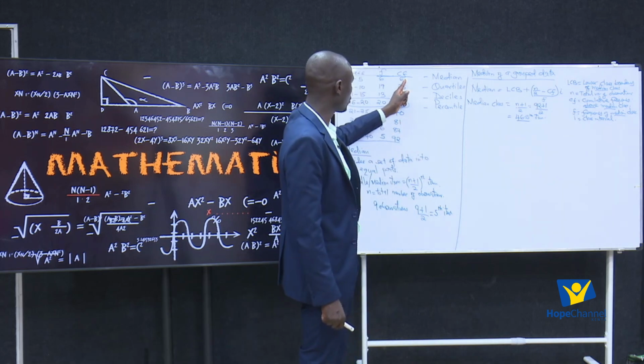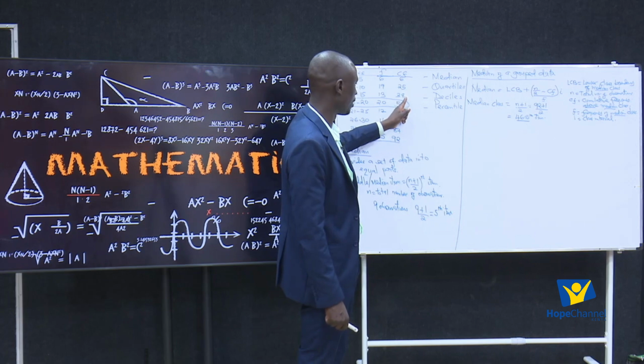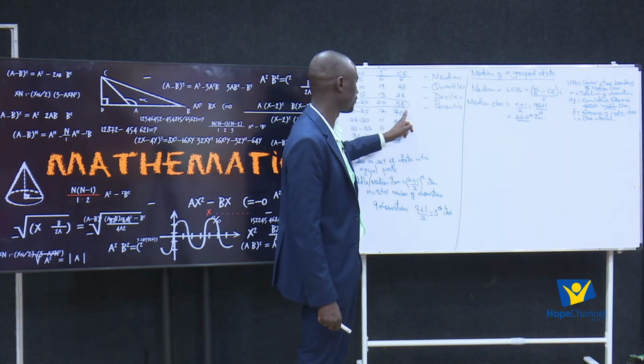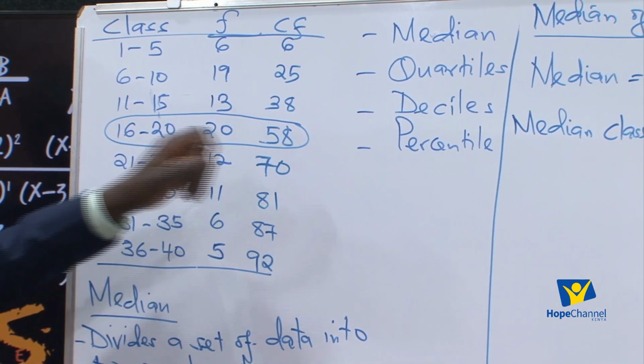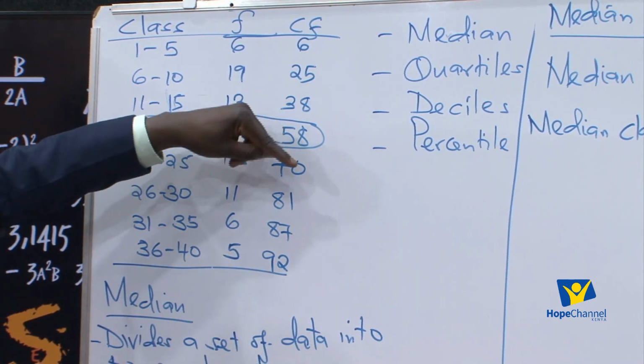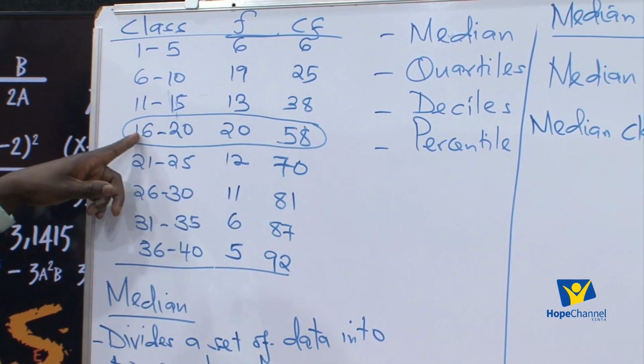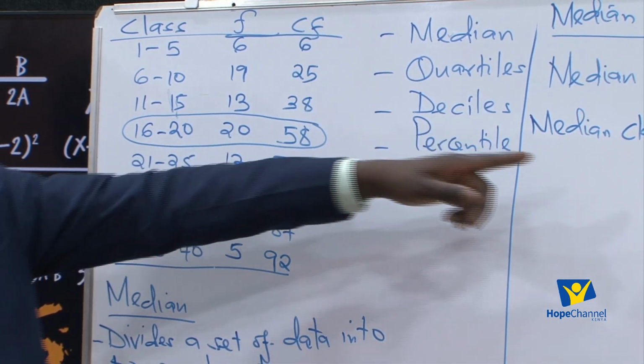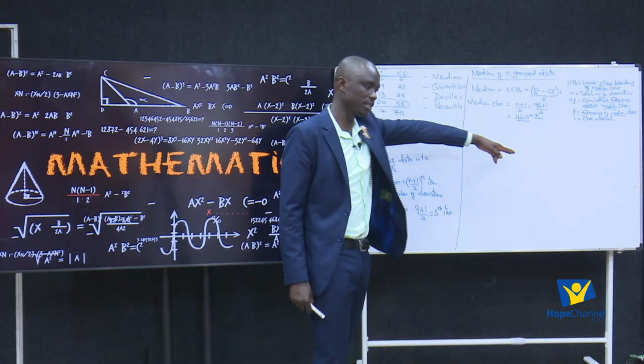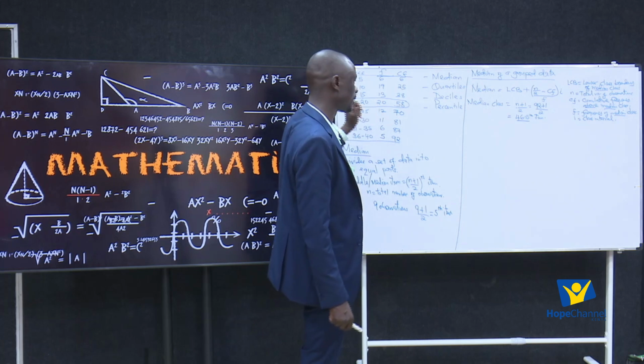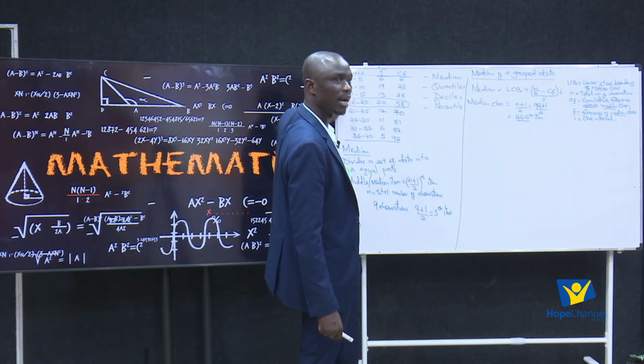So we can look in here. From here we have 38, and here we have 58. It simply means that 46.5 is in this class, because by 38 we have not yet reached 46. So it will just be in this class. This is our class of reference.